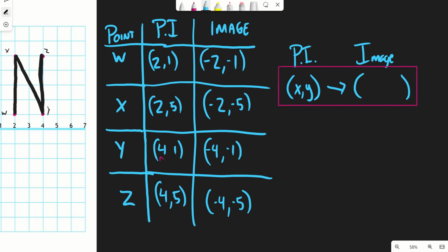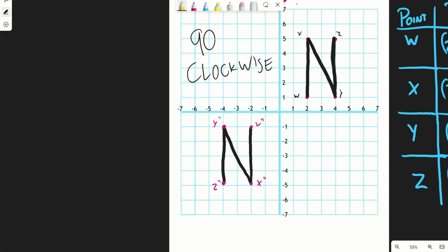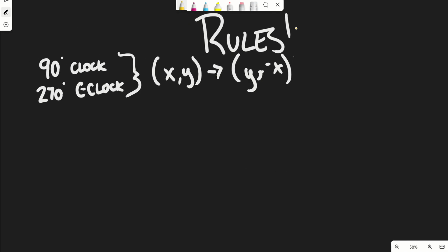So my rule that I can create is to say, well, to get from preimage to image going 180 degrees, I'm going to take my X and Y value. They're going to stay in the same place this time, but I'm going to make them both negative. So what's my rule for a 180 degree rotation?